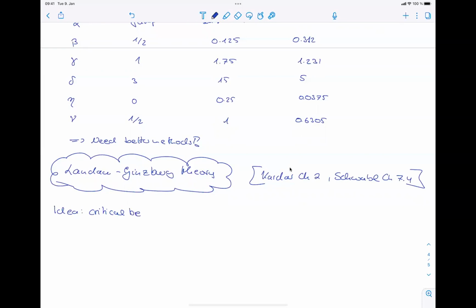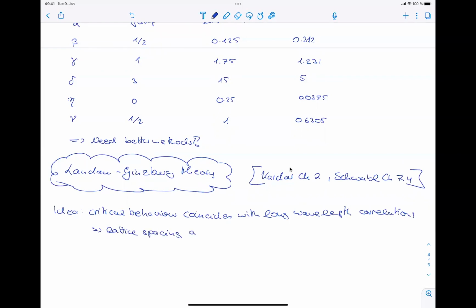So critical behavior coincides with long wavelength correlations that are much bigger than the lattice spacing a.